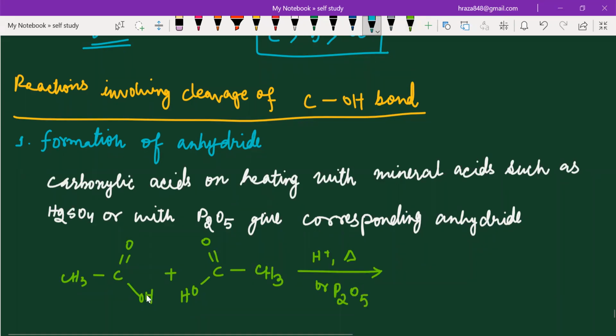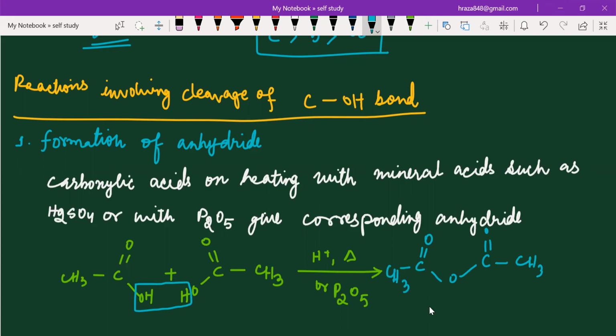It's very easy to understand. H2O will be eliminated, and then you can see anhydride is formed. This is how we prepare anhydride. I think that's very easy to understand, right?